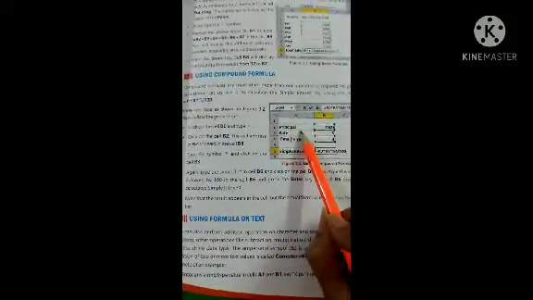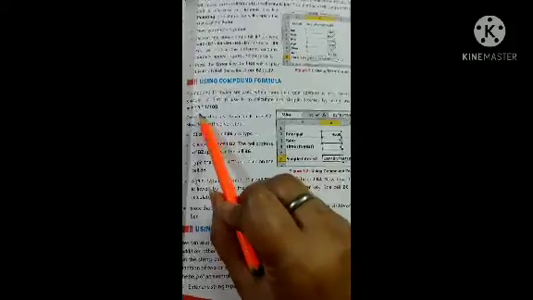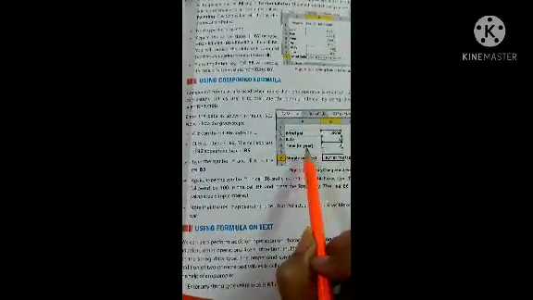So let's start. See the full forms in table 3.2. P means principal. R is for rate, rate is indicated by the short form R. T is the time.